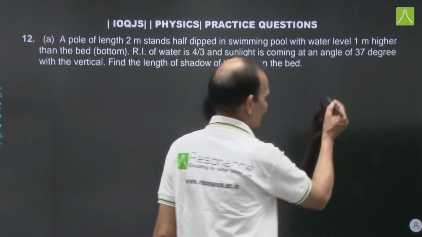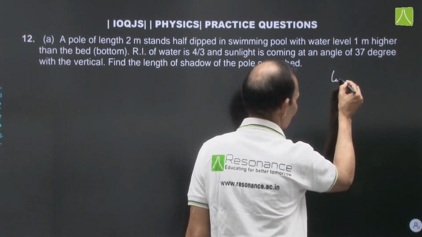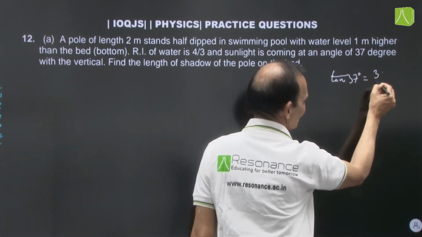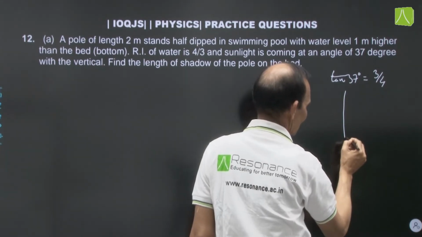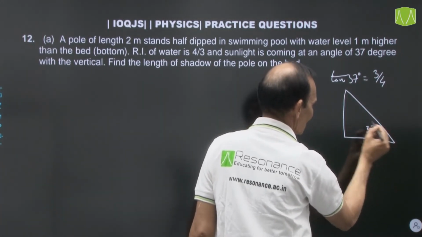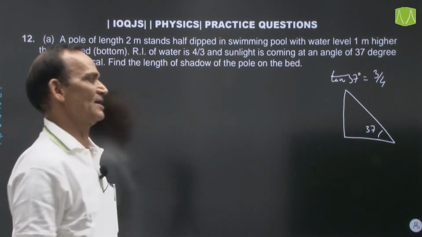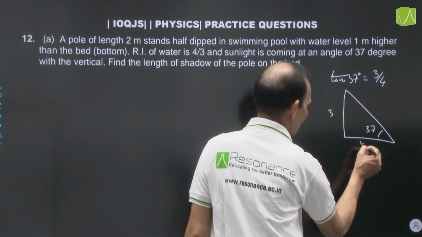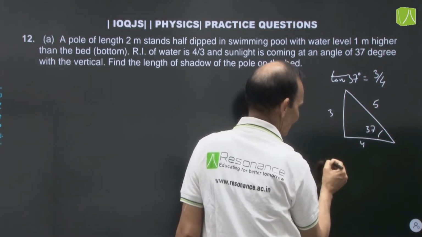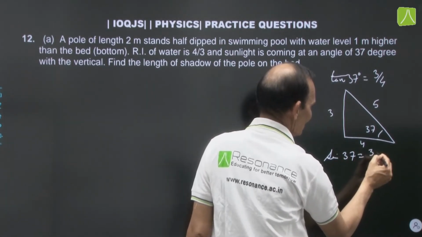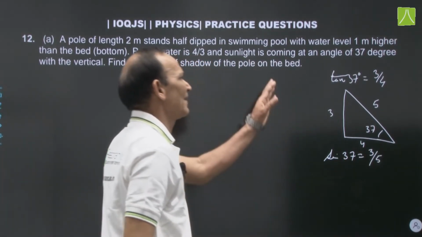For this, first remember tan 37 is 3 by 4. In this way it is to be learned. tan theta is perpendicular divided by base, that is 3 by 4. So the hypotenuse will be 5. We can also find sin 37 is 3 by 5. You can find anything from this.